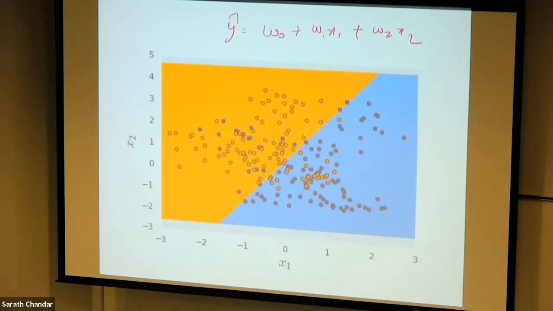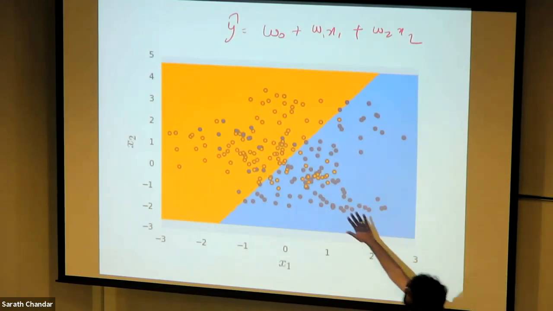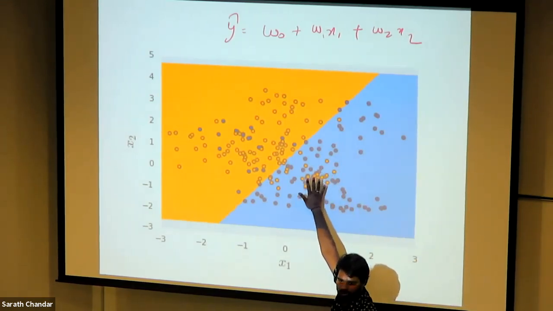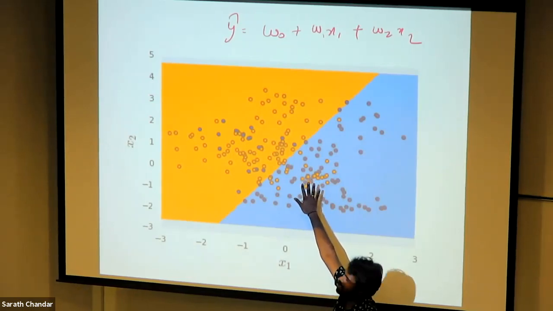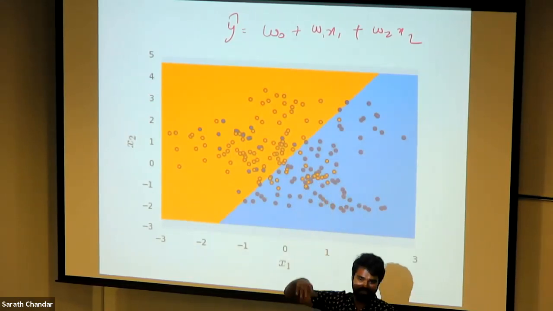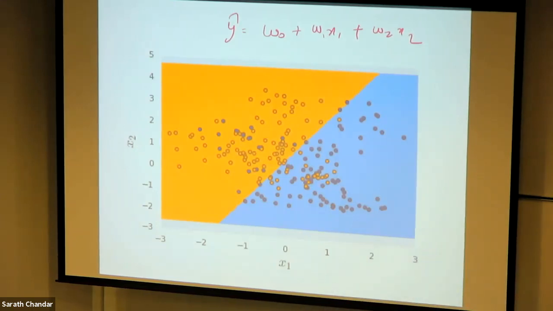It's not too good, but there are still some yellow points which are misclassified, though the fraction of misclassification is probably less. I don't have an exact count, but qualitatively this is better than the previous one. Now, can we do better than this? This is clearly not the best solution. Of course, this is not even a direct solution. We are reusing our solution from regression. So can we do better than this?